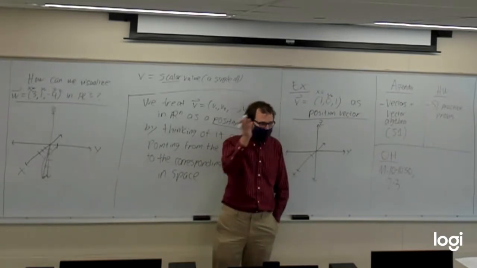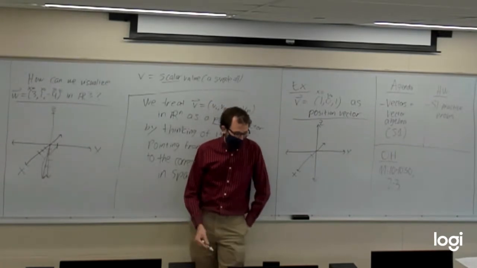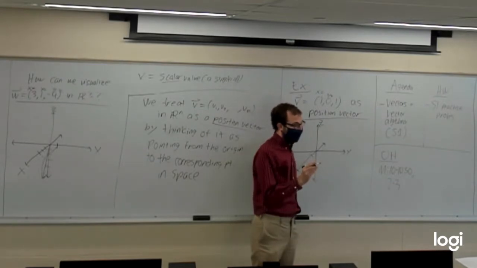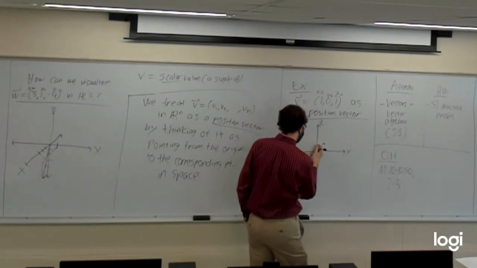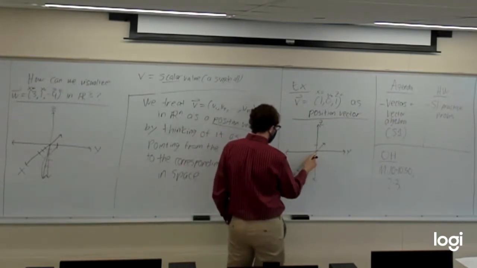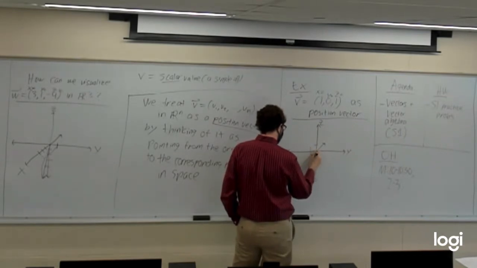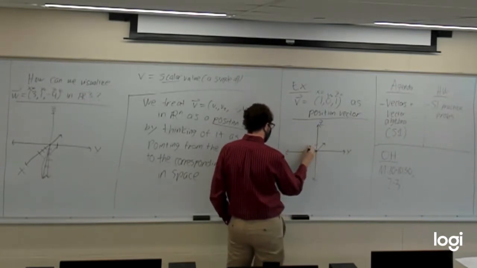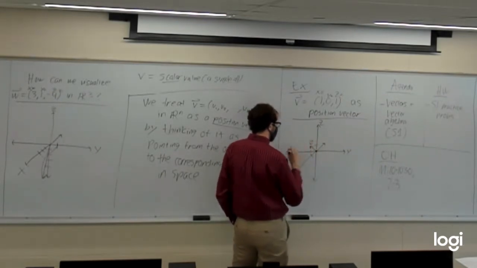Finally, how about the back row? How far do we need to travel in the z direction? Up or down? Oh, up. Yeah, it's going to be up since our z coordinate is positive. So as a position vector, we need to go 1 unit along the x-axis, 1 unit upwards. And so our position vector v is going to look something like this.